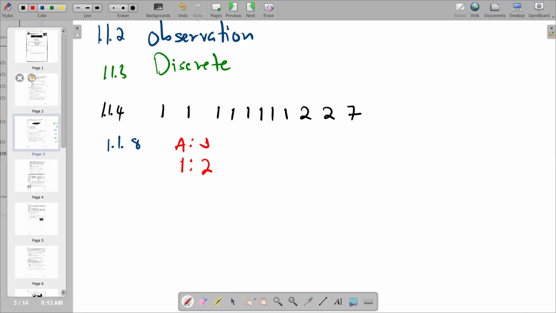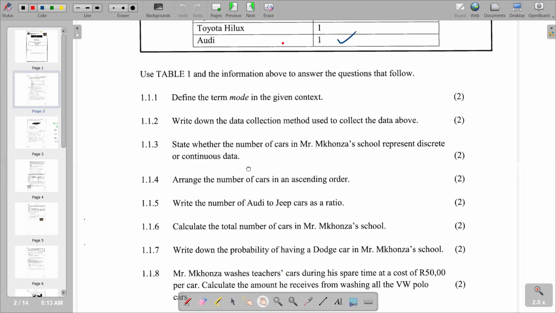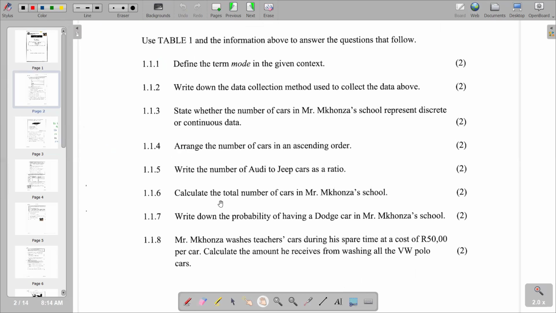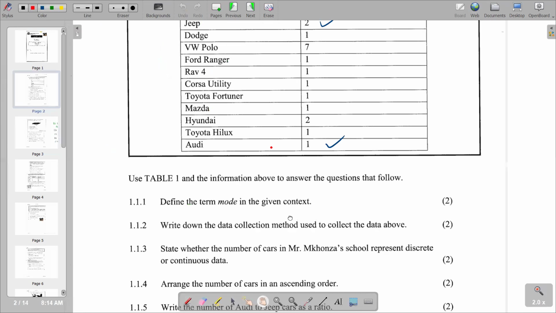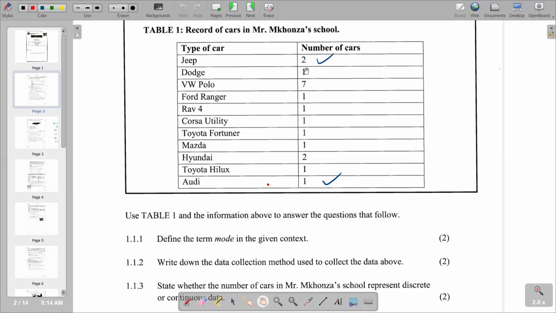Then we move on to the next part of our question. Calculate the total number of cars in Miss Mkosa school. So we are adding all what we have there from 2 at the top to 1 at the bottom. But basically, if you look at it, we've counted the number of ones that we have. We have got 8. So 8 times 1 will give us 8. And then we add 2 2s and then a 7. So obviously, if you say 8 plus 2, you get 10. 10 plus 2, you get 12. 12 plus 7, you get 19.